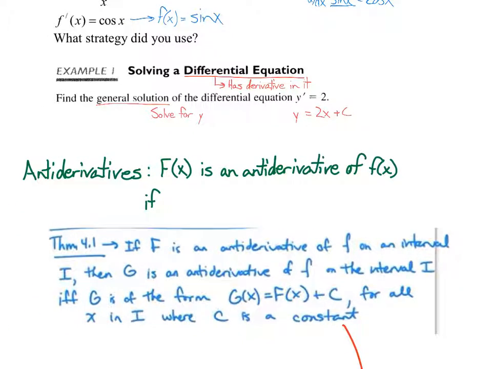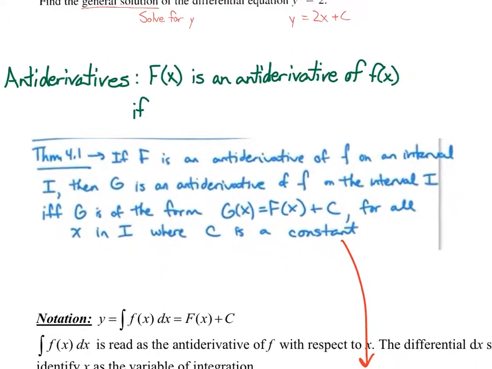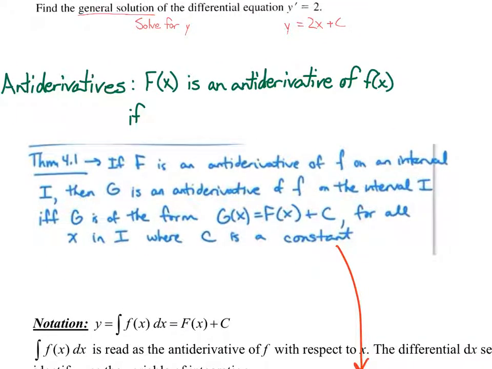Then we have this concept of the antiderivative and then this theorem. Let's look at what this is saying. Capital F of x. This is just notation that we often use for an antiderivative. Capital F of x is an antiderivative of f of x if this is true.